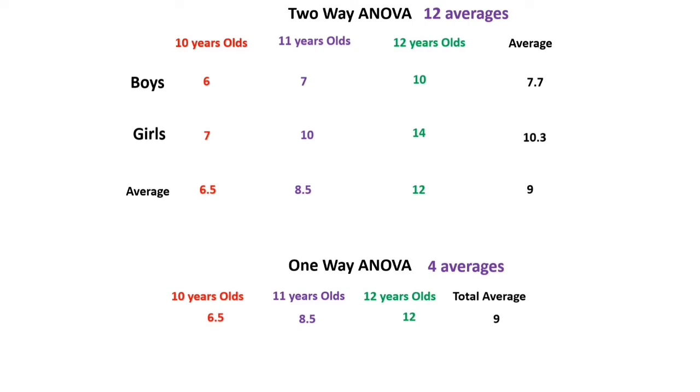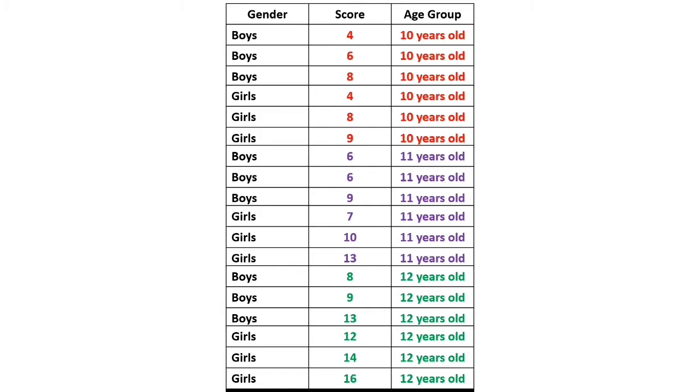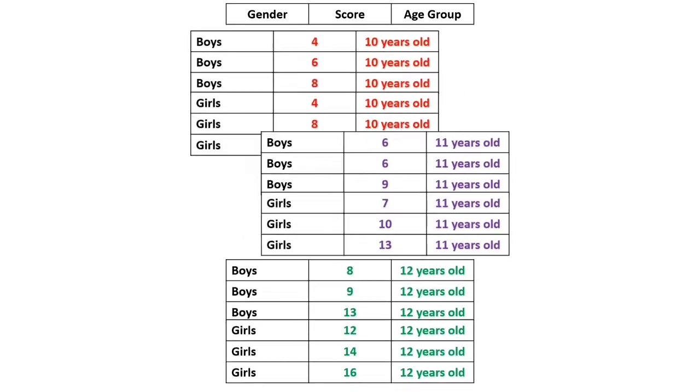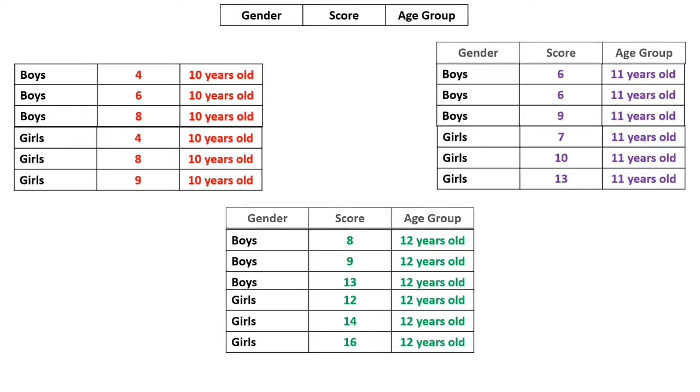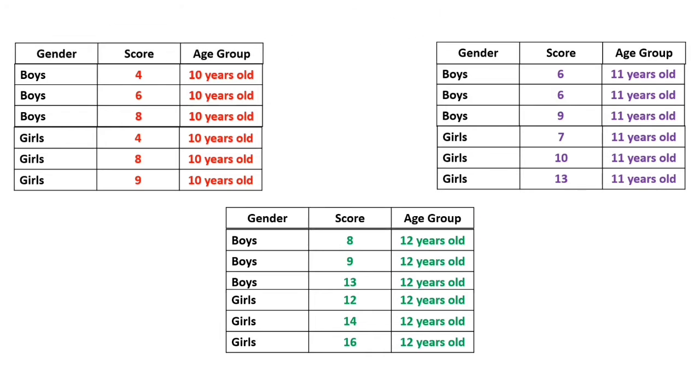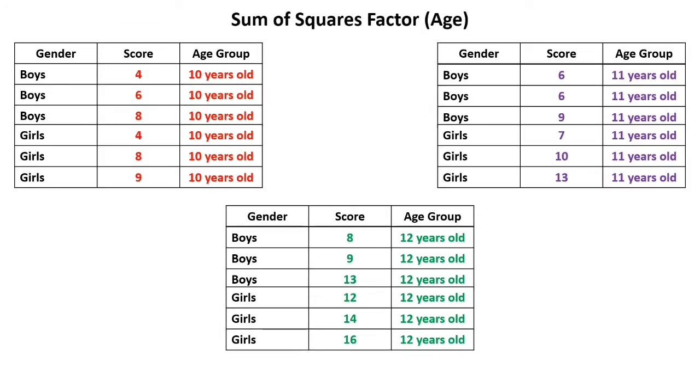In that sense, what we're doing with two-way ANOVA is that we're taking our data and reorganizing it in a lot of different ways and analyzing it. We organize it based upon age group to calculate sum of squares of my first factor, which is age.